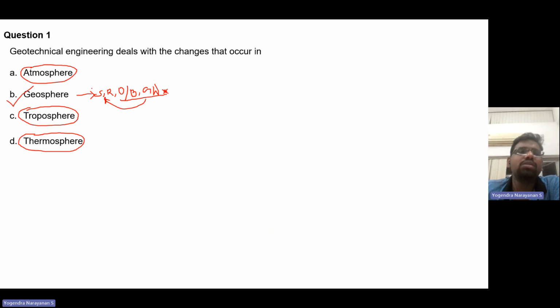Hence, geotechnical engineering needs to understand the effects of various external phenomena on soil properties.